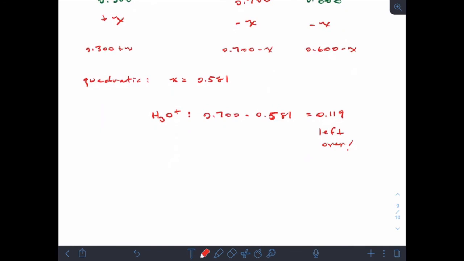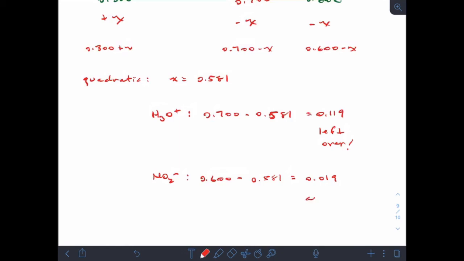If we complete our calculation, our NO2 minus means that I've got almost no base left. A significant amount of acid left, almost no base left, and by the time I'm done, I have even more of my weak acid. So the system cannot handle that much acid.